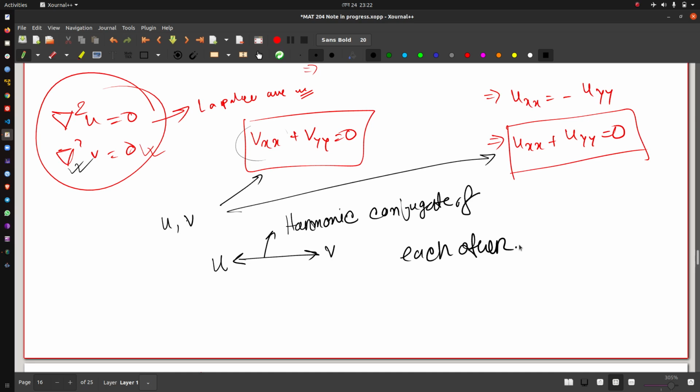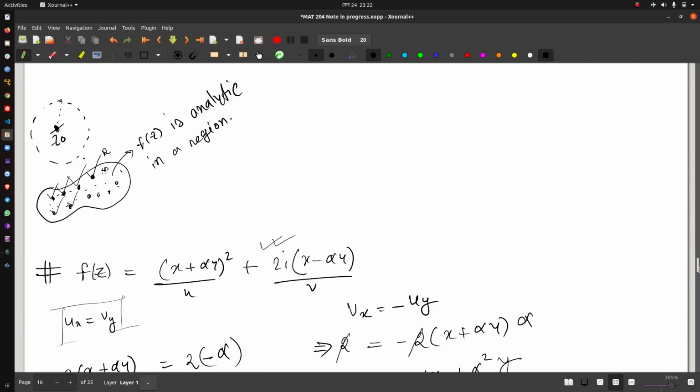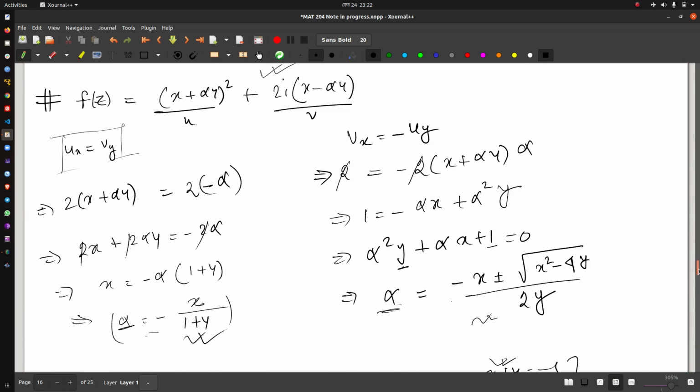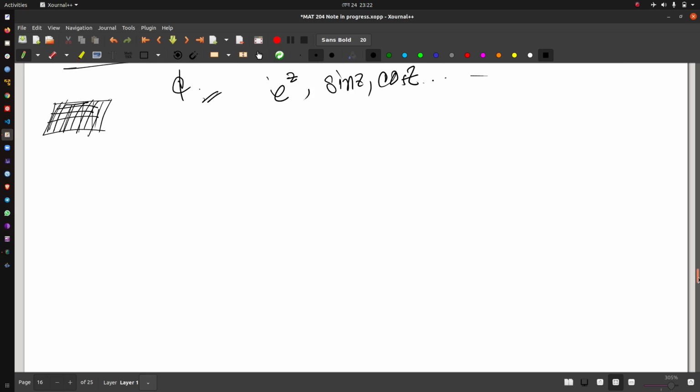And if you know u or v, then you can use the Cauchy-Riemann conditions to find the other. So let's say you have a PDE and you know one of the solutions and you want to find the other solution. You can use the Cauchy-Riemann conditions to find it pretty easily with the help of basic algebraic techniques and basic integration.